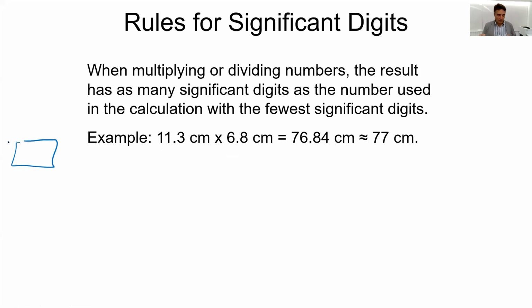If you multiply those on your calculator, you'll get 76.84. However, 6.8 had only 2 significant digits. So it's best to round your final answer to have the same number of significant digits as the least precise number in your calculation.